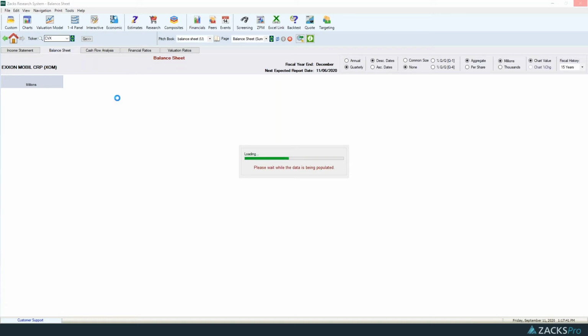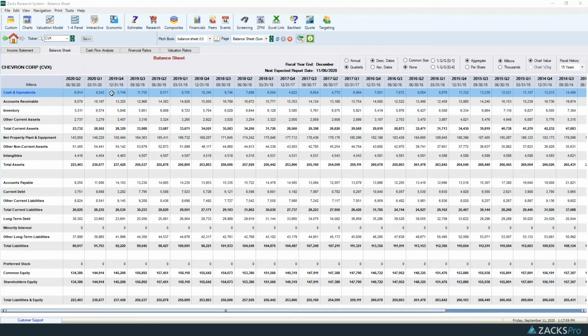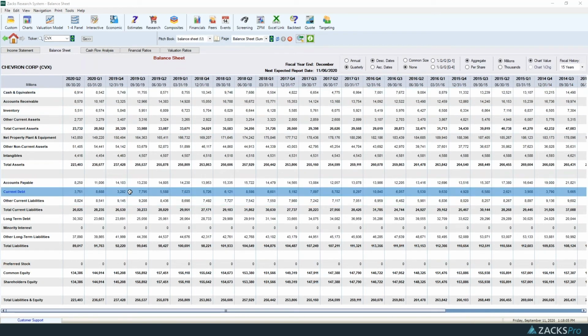But if we look at Chevron, that number is quite different. And once we see that here, we'll get an idea of what that looks like. So with Chevron, as of Q4 of last year, 5.7 billion in cash, 3.2 billion in current debt.